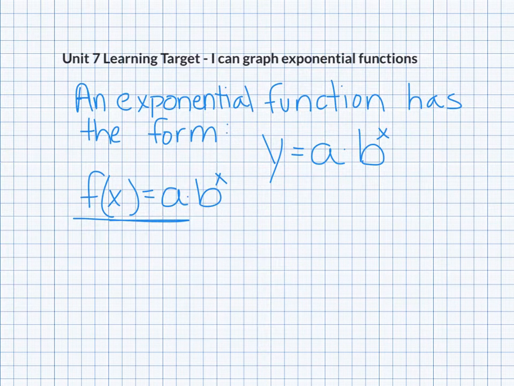Okay, so things that you need to know. X, as always, is our independent variable. Y is the dependent variable.